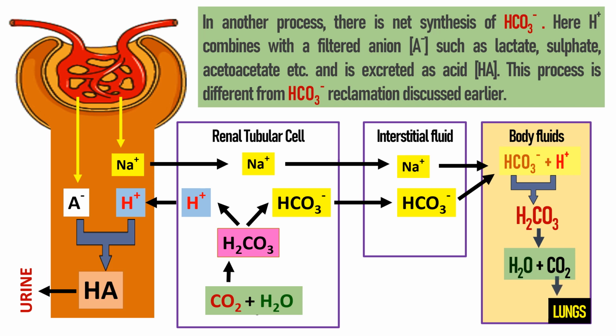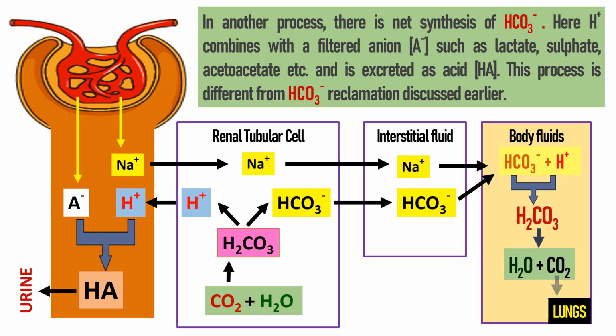Here, hydrogen ions within tubular filtrate combine with a filtered anion such as lactate, sulfate, acetoacetate, etc., and are excreted as acid. You will notice that there is synthesis of bicarbonate going on in renal tubular cells, which is absorbed into the system, but there is no elimination of bicarbonate in the urine.